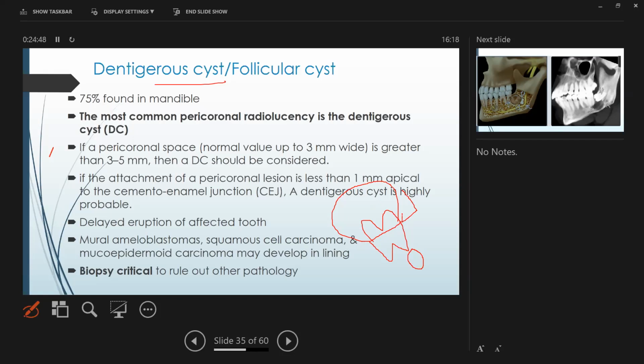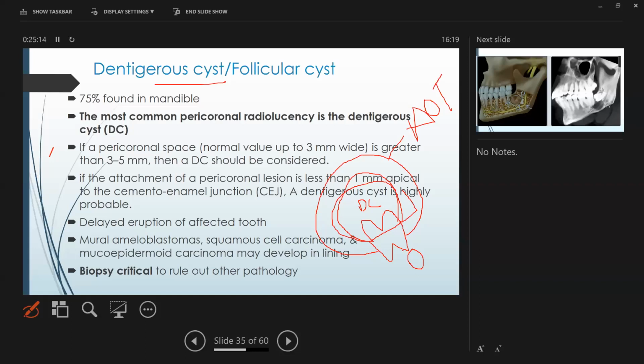When the periphery of the cyst is directly engaging the CE junction, then it is most likely to be a dentigerous cyst. If it is extending apical to the CEJ, then this is most likely to be an AOT, that is adenomatoid odontogenic tumor.